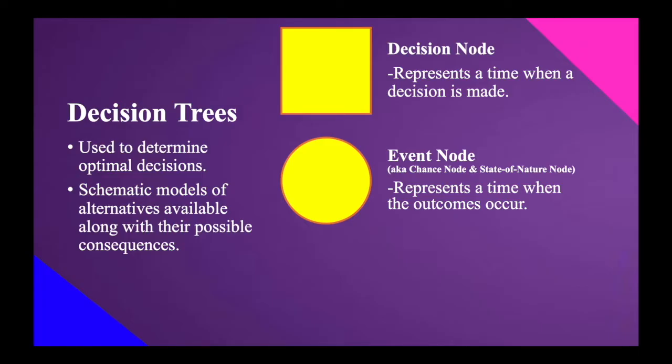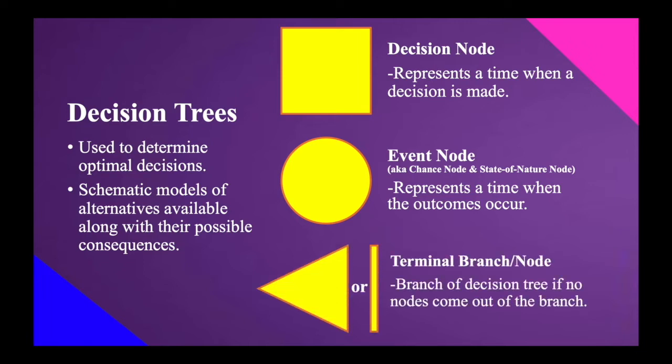Now, the last one that we should know in having a decision tree is the triangle, or sometimes some other books and some other operations research professors use a vertical line. Whichever of the two is okay. There are softwares that use the triangle, and others use the vertical line. It's the same. This is called the terminal branch, or the terminal node.